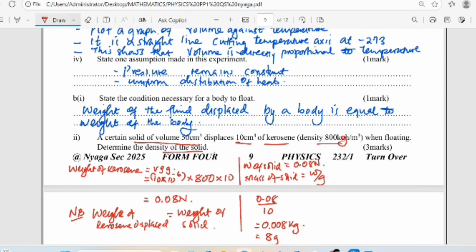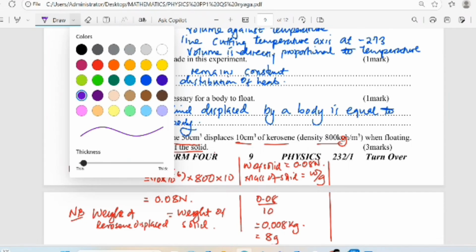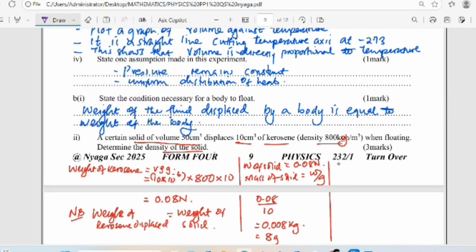Now, our question is asking, determine the density of the solid. We now have the mass of the solid as 8 grams, and the volume of the solid as 50 cubic centimeters. Then what will be the density?